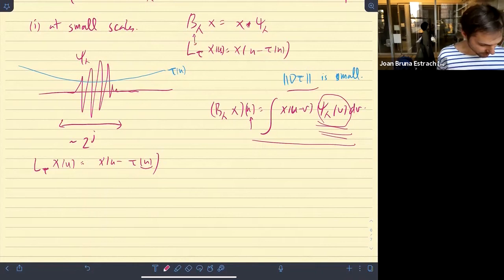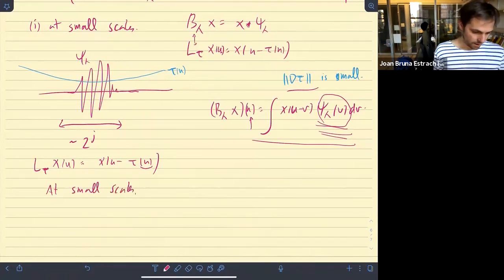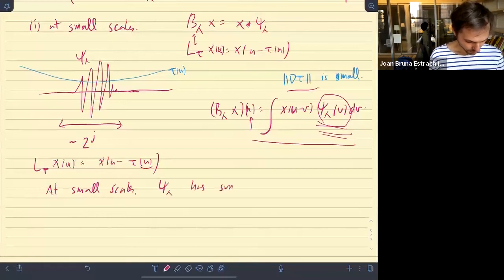So basically, just to summarize what I'm trying to say is that at small scales, this filter has support proportional to 2 to the j, like very small.